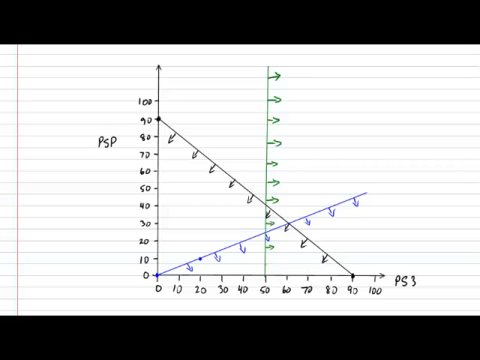This means that anything to the right of this line is bigger than 50, which is what we need. And finally, the last inequality, y has to be at least 20, is shown with the following line. To handle y having to be bigger than 20, it's everything above that line, so I'm going to draw my arrows to show that.